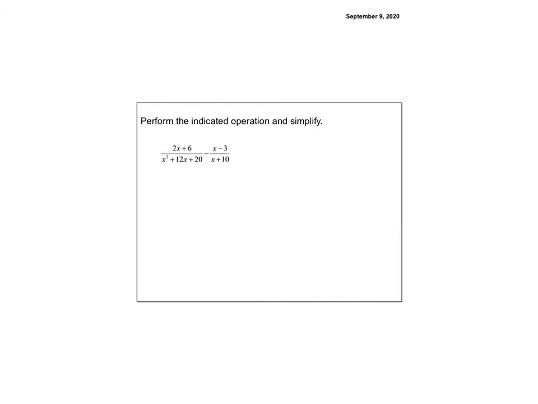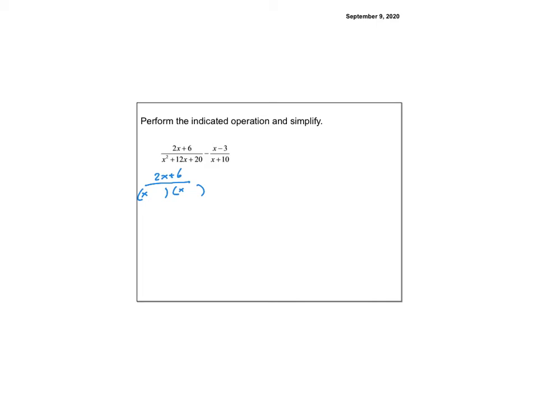All right, so this one here is a subtraction problem. Notice you need to get a common denominator. Since that first fraction's denominator is a quadratic, we're going to have to factor that. So I'm going to rewrite the first fraction, and then I'm going to factor the denominator. x times x is x squared.